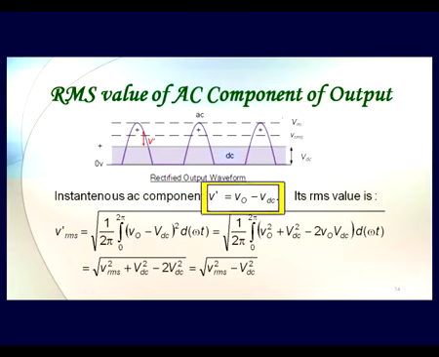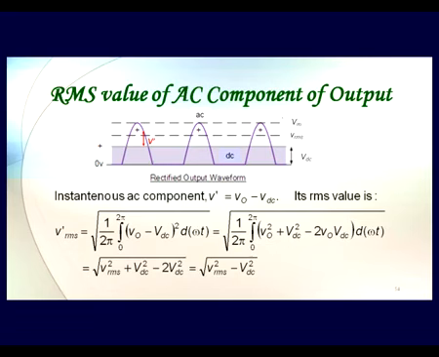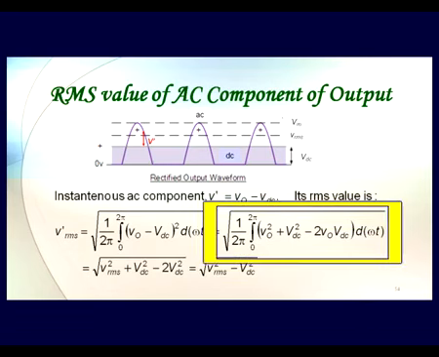Now if I try to find the RMS value of this instantaneous AC component, it will be V prime RMS equal to the square root of 1 upon 2 pi integral 0 to 2 pi (VO minus VDC) square d omega t. I just expand this square term: VO square plus VDC square minus 2 VO VDC d omega t.